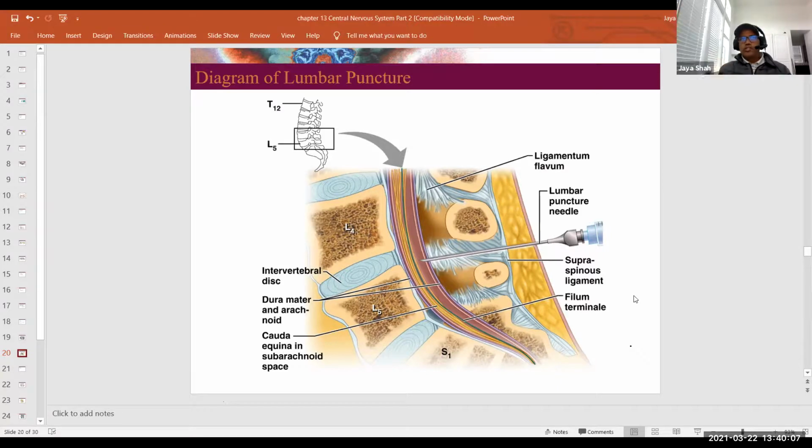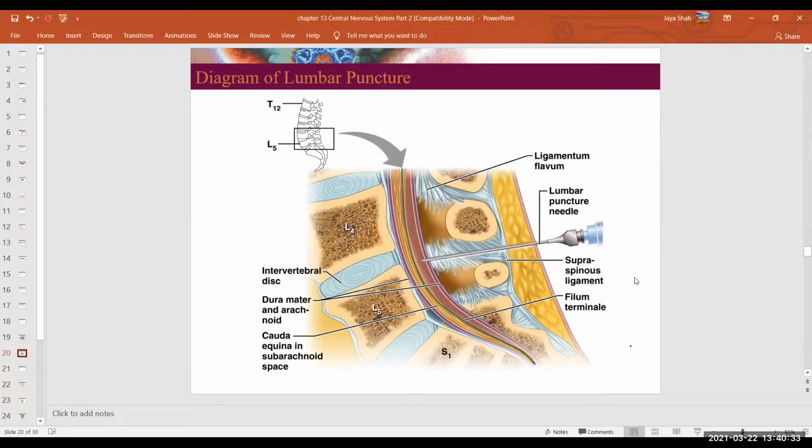And then you can do culture and sensitivity tests, or biochemical analysis: what is the amount of glucose, sugar, what is the microorganism, to diagnose meningitis, encephalitis, or any cancers. So we put the lumbar puncture needle between L4 and L5.